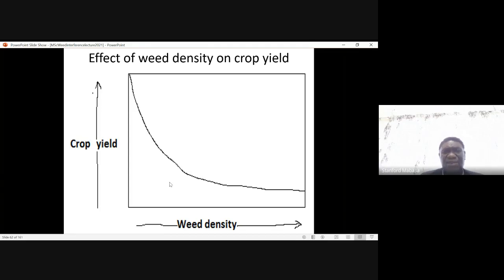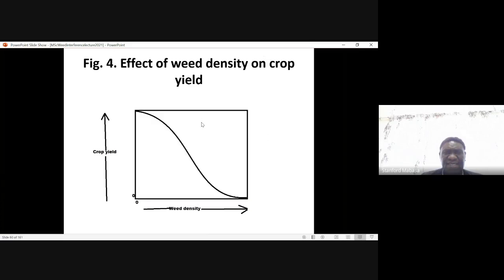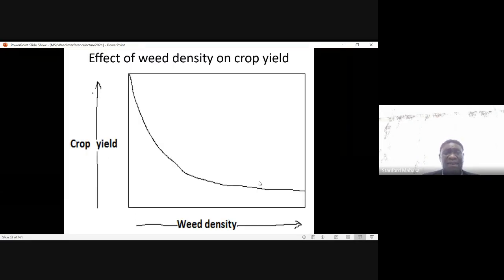However, Cousins proposed that instead of having this sort of relationship, probably this is more realistic. If we have weed density versus crop yield, as long as you have weeds, you start having a reduction in crop yield, and it follows this rectangular hyperbola.